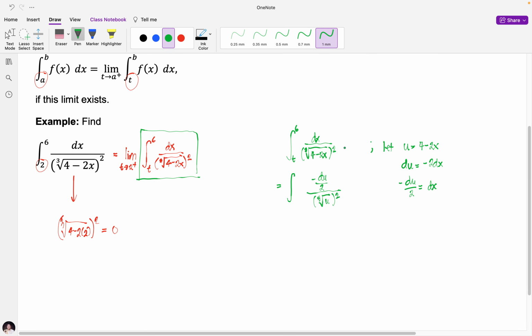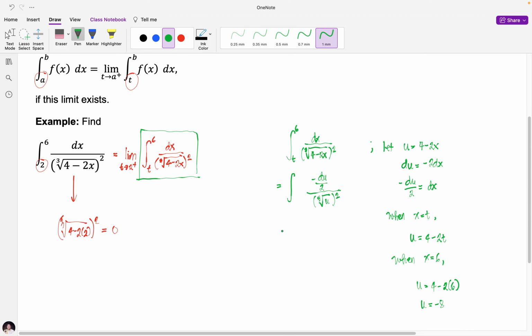Since we replaced the variable x with the variable u, we need to change our bounds. When x is equal to t, u is equal to 4 minus 2t. And when x is equal to 6, u is equal to 4 minus 2 times 6, and that is u equal to negative 8.